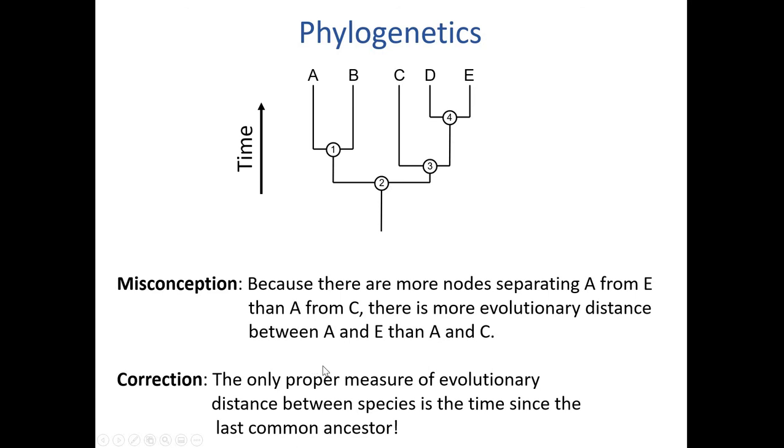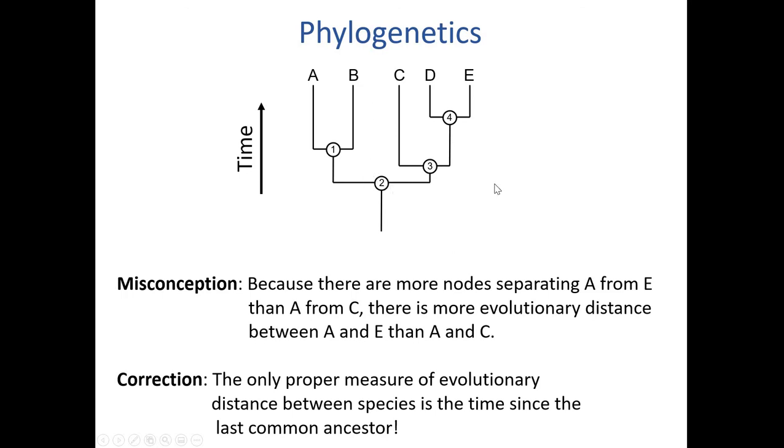So the only proper measure of evolutionary distance between species is the time since the last common ancestor. So the last common ancestor between A and C is here at node 2, and that's actually the same as the last common ancestor between A and E. So when you consider that, the distance between A and C is the distance between A and node 2. So it's this vertical distance basically.